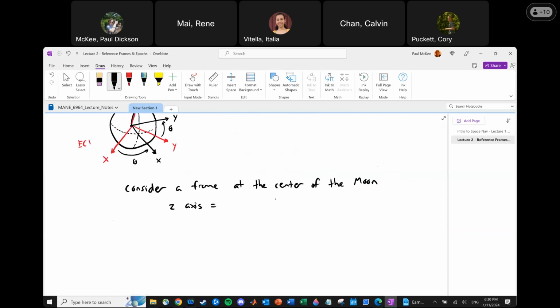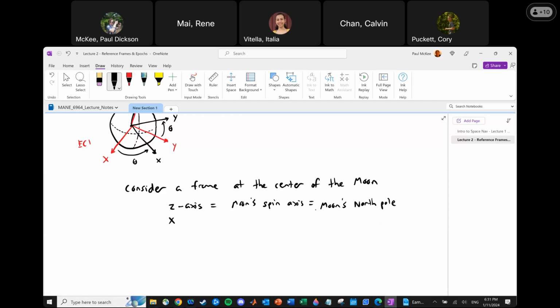Very good. So Z-axis is out the moon's spin axis, which is the moon's north pole, which is not the same as the Earth's north pole, although they are similar. So if Santa had an auxiliary workshop on the moon, that's where this would be. So moon's north pole.